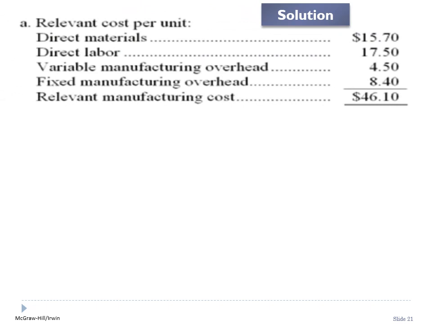The relevant manufacturing cost consists of direct materials, which equal 15.7, direct labor, which is 17.5, variable manufacturing overhead, which is 4.5, and only the relevant fixed manufacturing overhead. The fixed manufacturing overhead which is relevant equals 8.4.